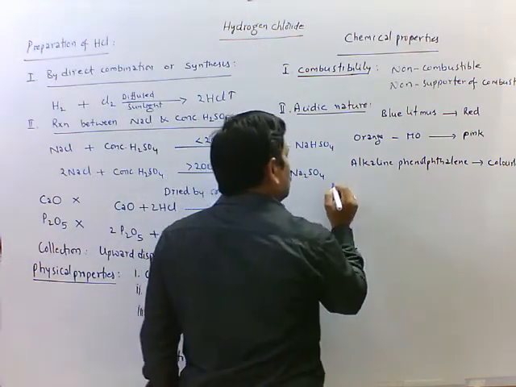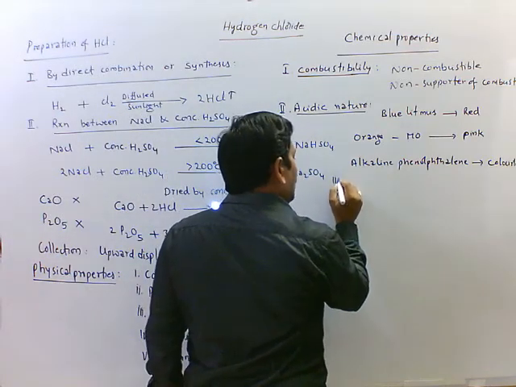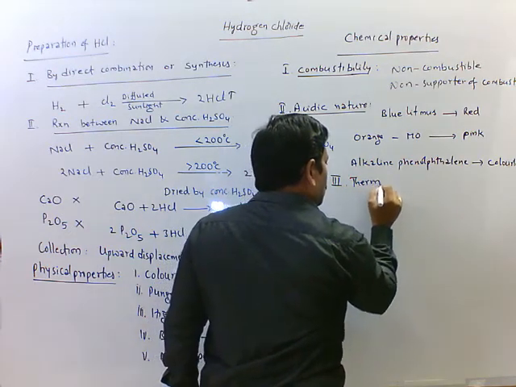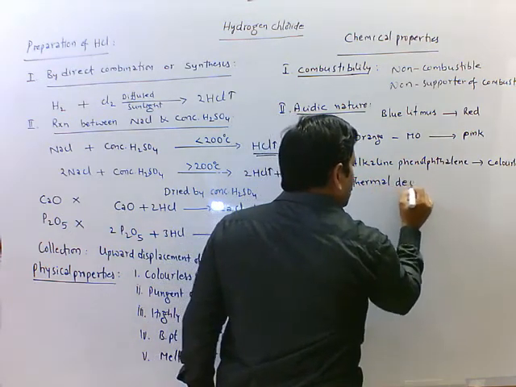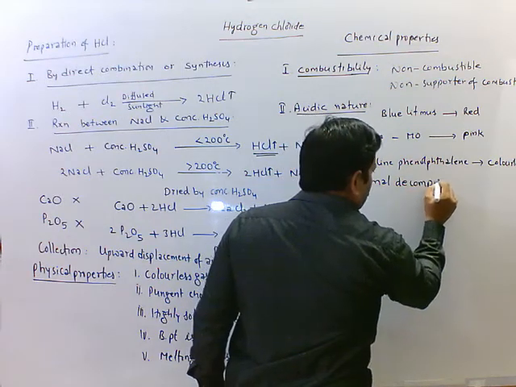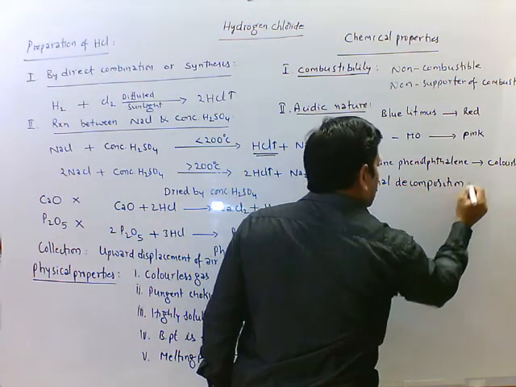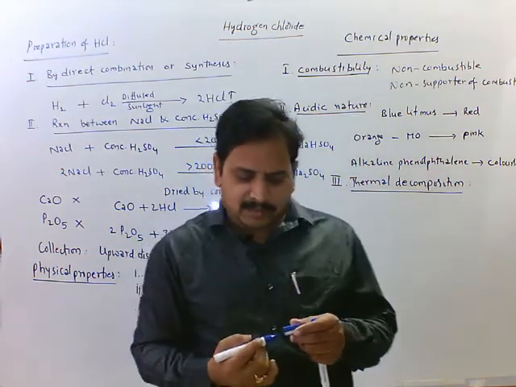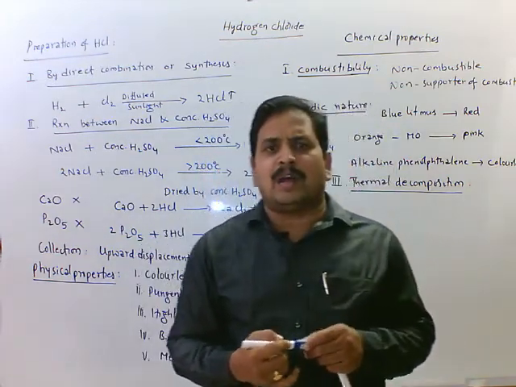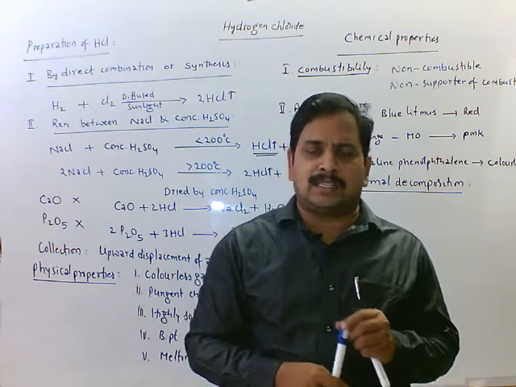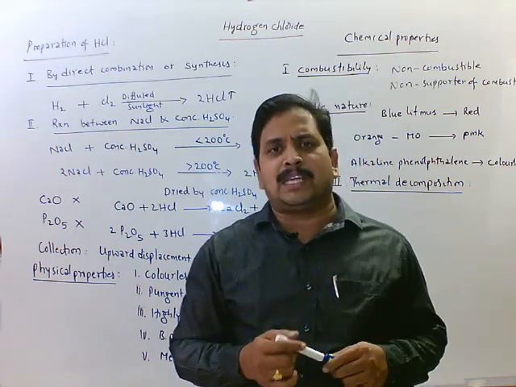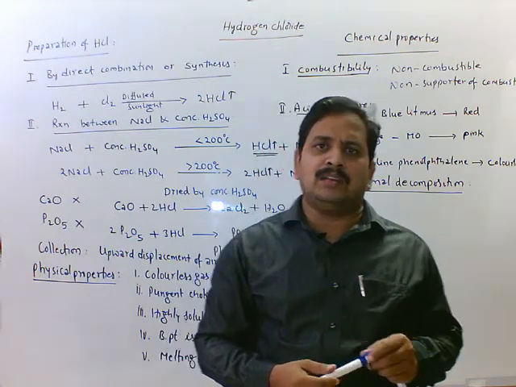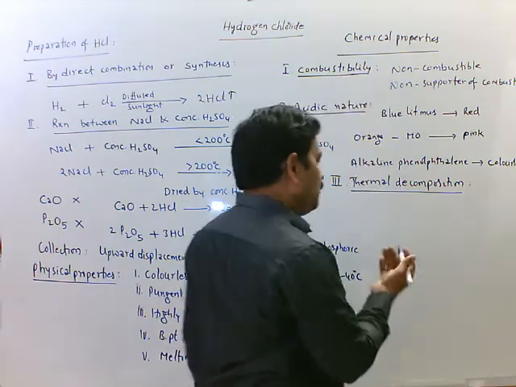Third one is thermal decomposition reaction. It is a reversible reaction. When it is heated more than 500 degrees Celsius, an equilibrium is established between undissociated and dissociated molecules of hydrogen chloride.